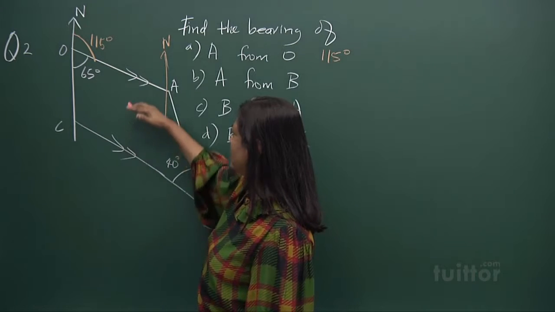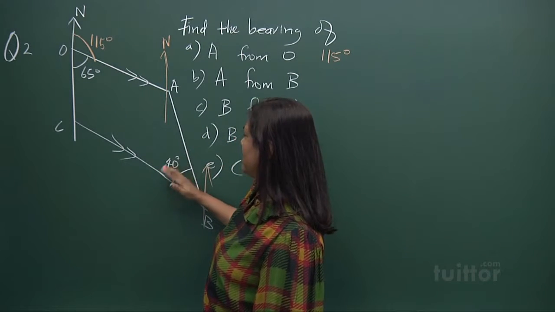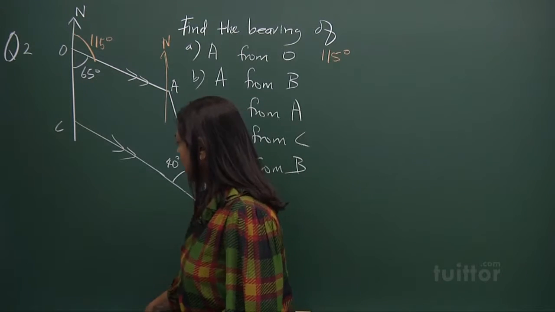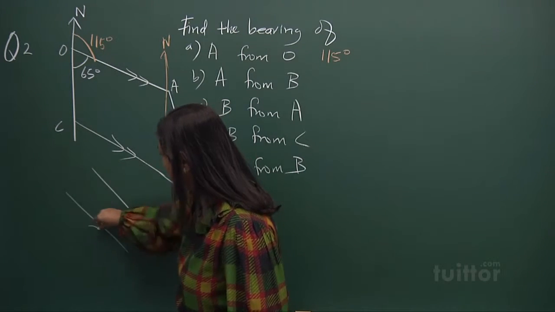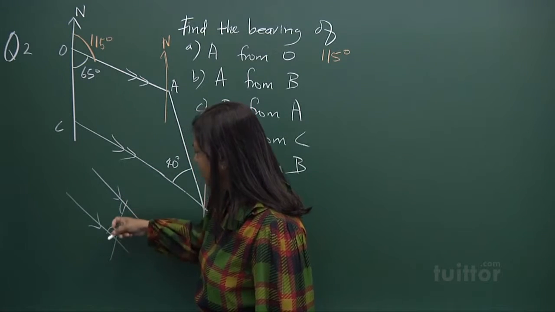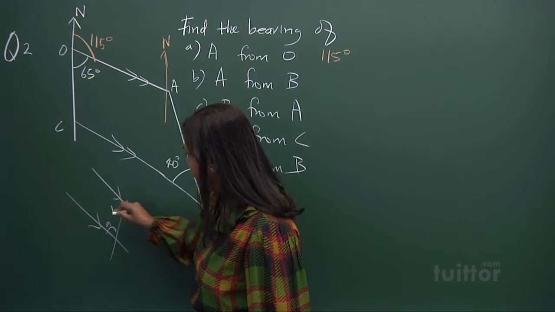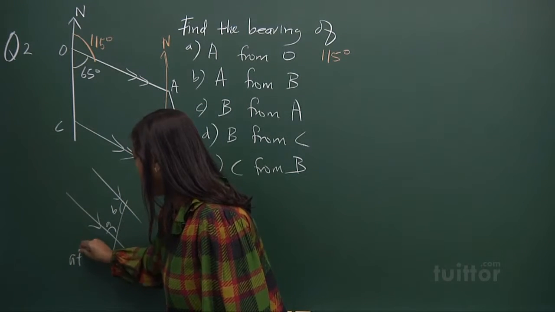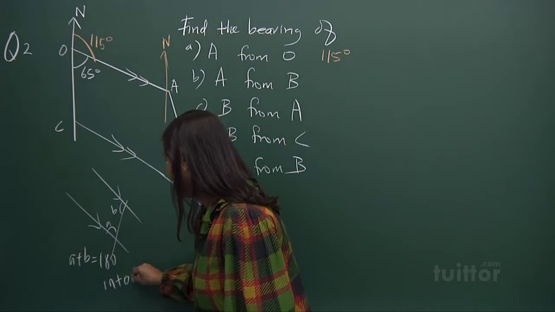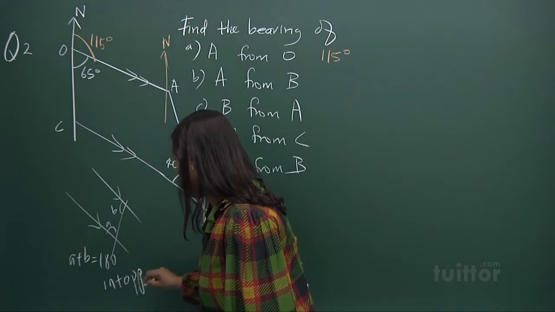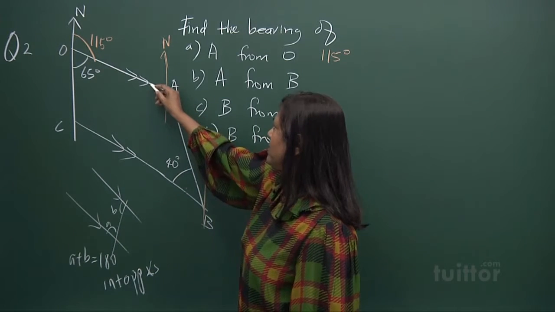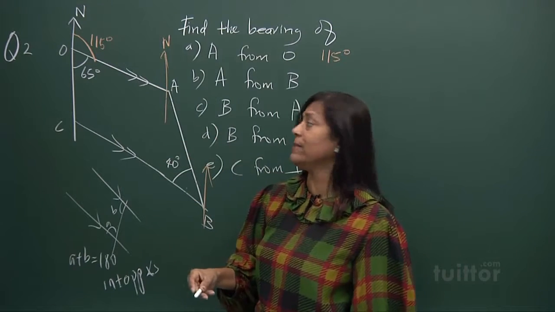If you have two lines that are parallel, and a line running across, these two angles make up 180 degrees. We call them interior opposite angles. So if this is 40 degrees, this is going to be 140.